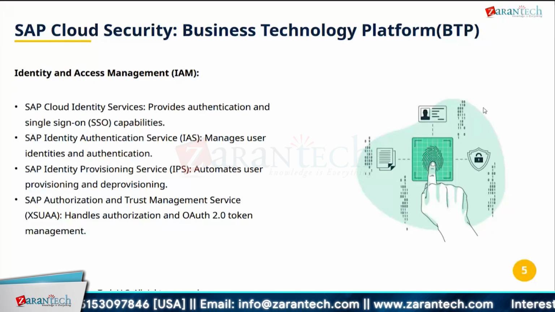You can just consider that CIS is not an individual service. CIS is basically just an umbrella or a composite role, and IAS and IPS are part of it. Initially there was no CIS. IAS was a separate service, IPS was a separate service. But then SAP decided that these two services need to work in combination, so they came up with this new term called Cloud Identity Services.